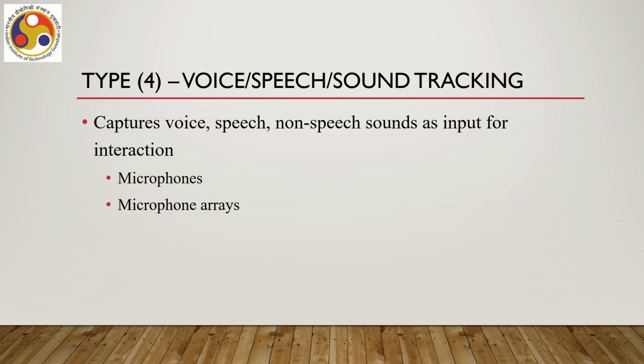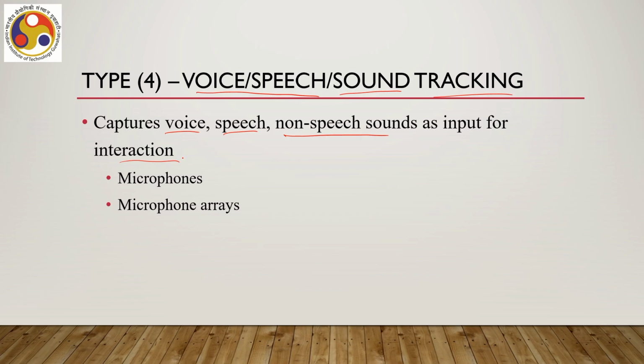Then category 4 refers to voice or speech or sound tracking. Through this type of input devices, we can capture voice, speech, non-speech sound as input for interaction in the virtual world.